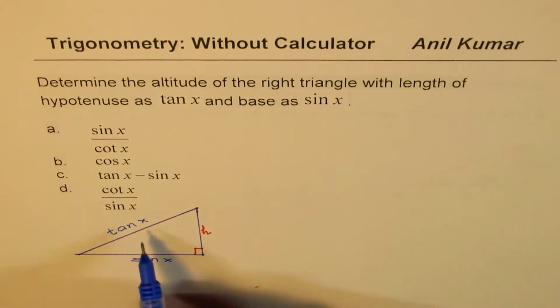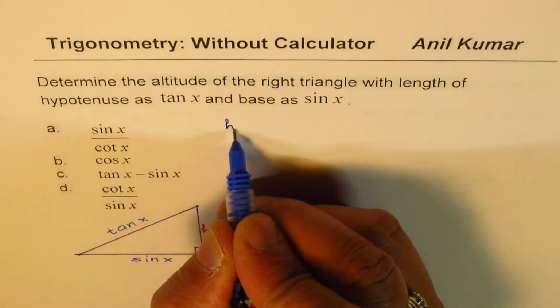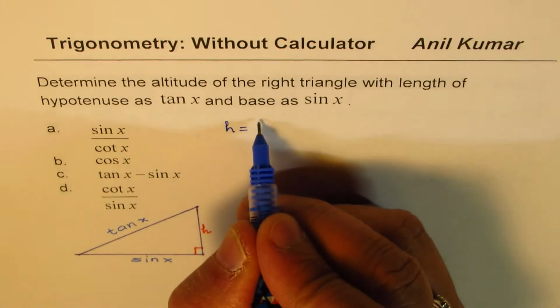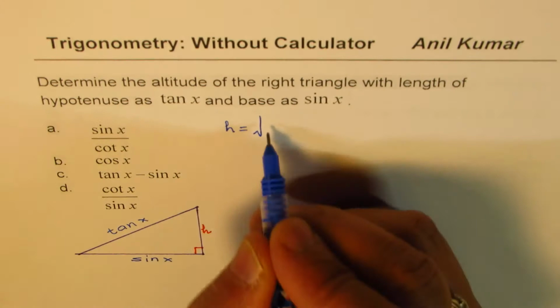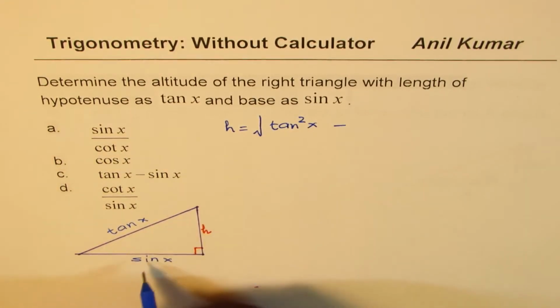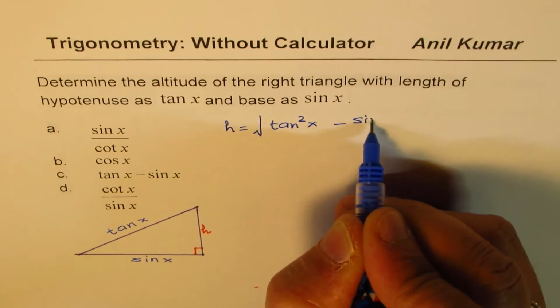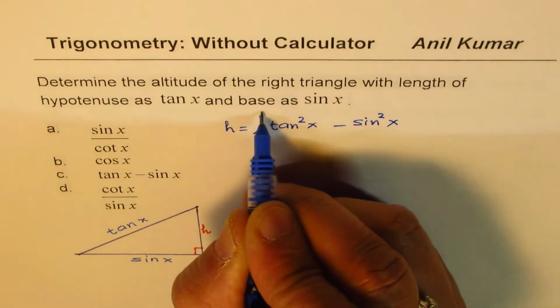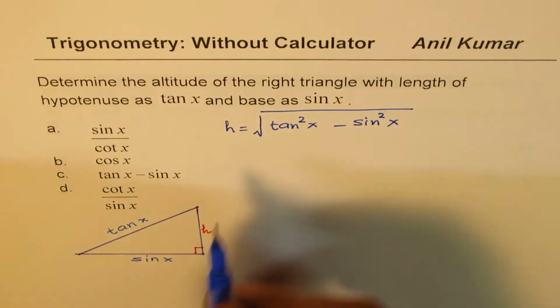Now using Pythagorean theorem, we can write height as equal to square root of tan square x minus sin square x. So that becomes the height.